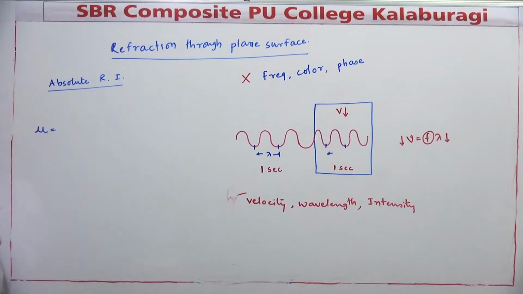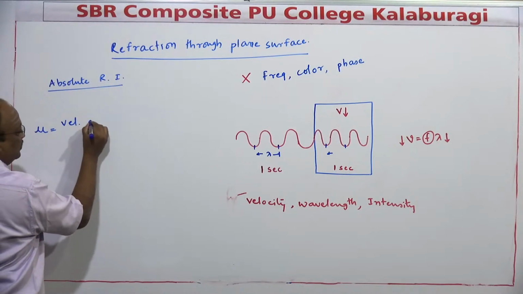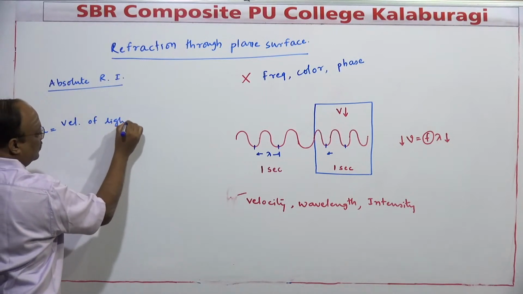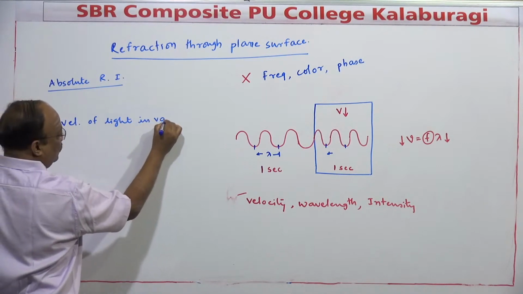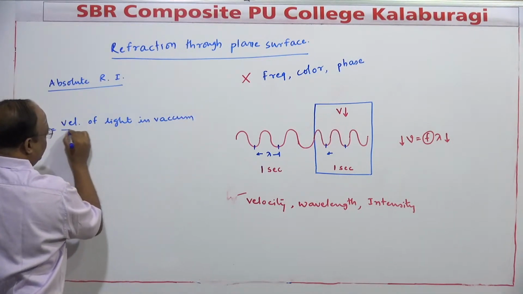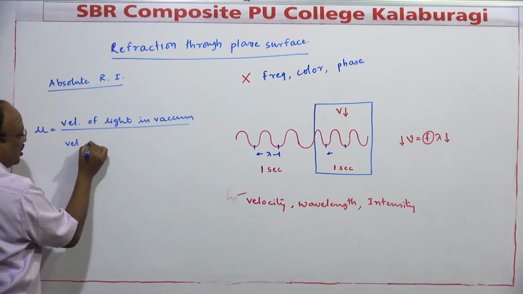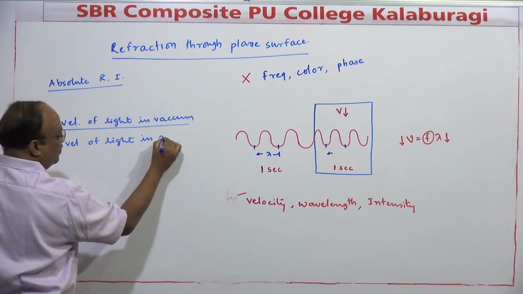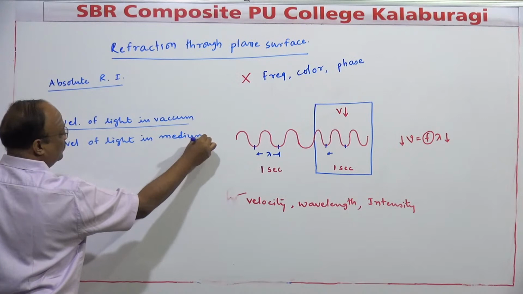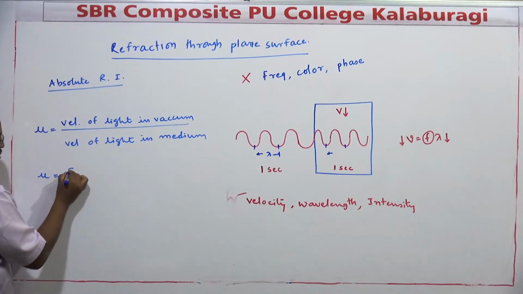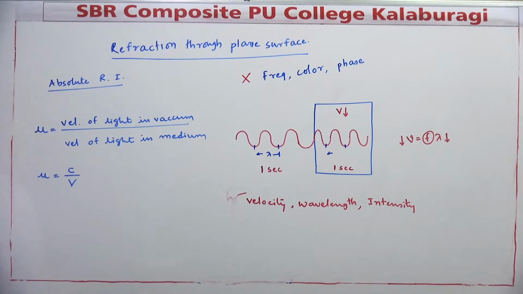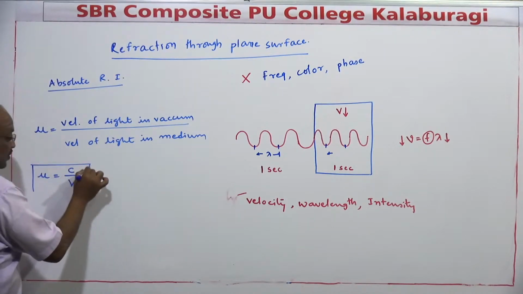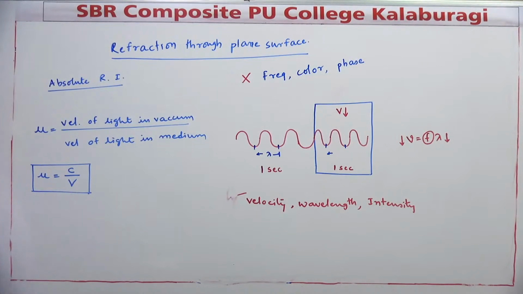Newton defined this absolute refractive index as the velocity of light in vacuum divided by the velocity of light in the medium. That is, mu is equal to c by v.